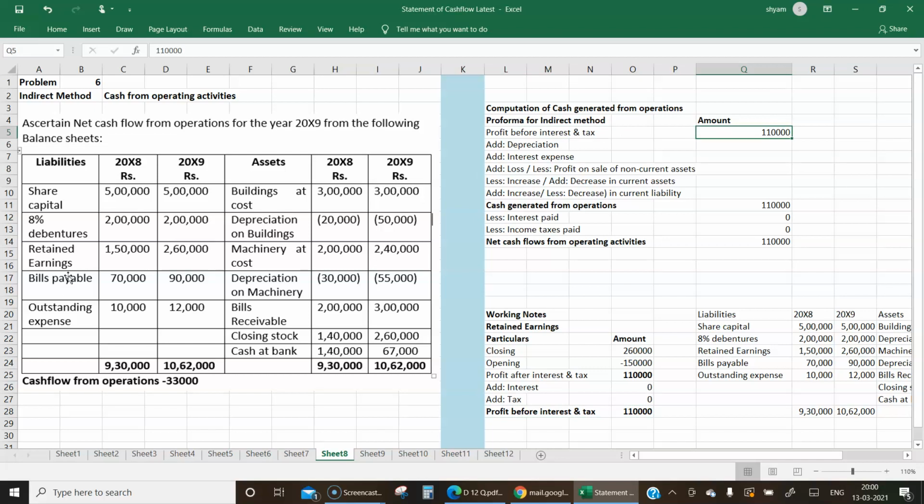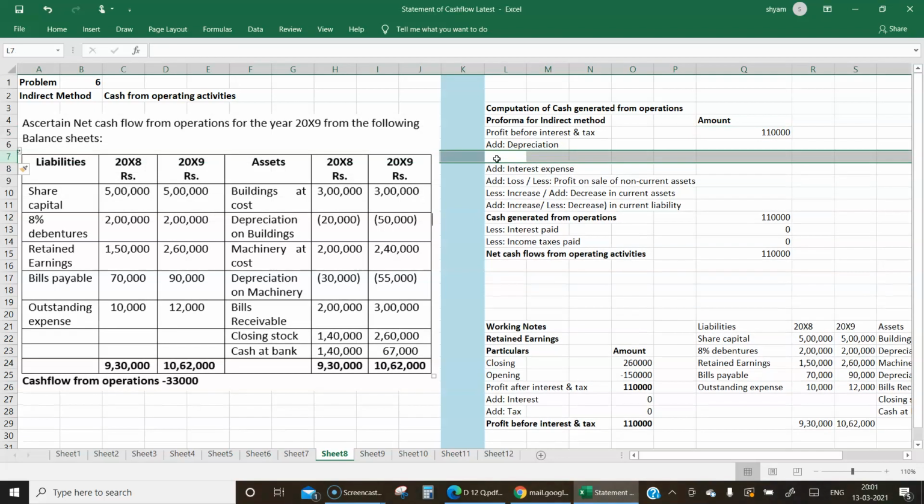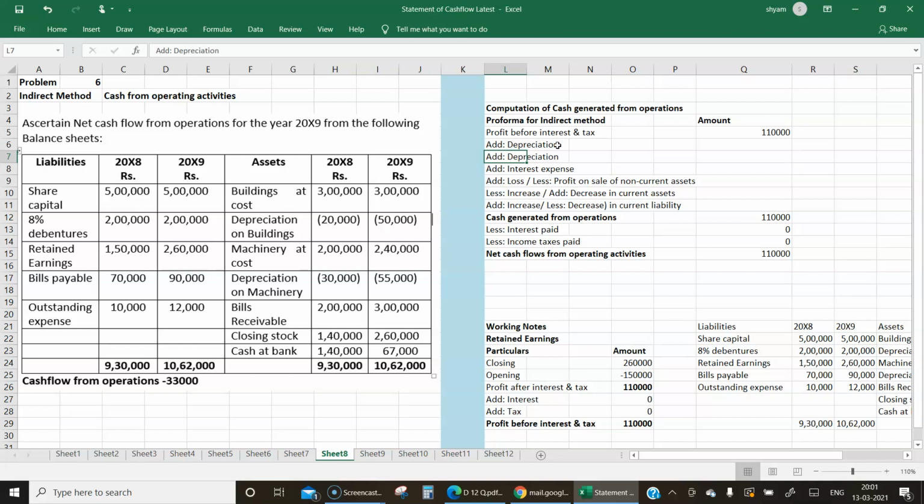Let's move. So we have other elements. So we have the current asset, current liability items. So we have to tackle them in the same manner how we did last sum. We have buildings, we have depreciation. So depreciation on building has increased. Okay. See, any depreciation we have to add it back, right? We have to add back. There are two depreciations here.